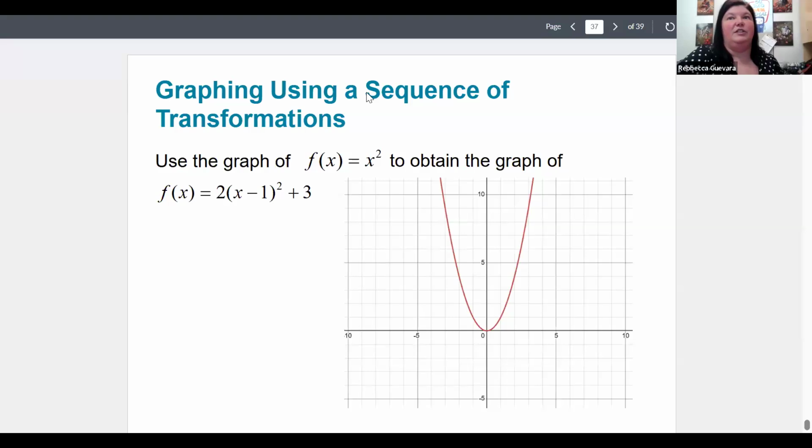If we do parentheses first, so we're going to do this part first. That is telling me that I'm going to shift horizontally. And because I'm subtracting, I'm going to shift in the positive direction. So shift right by 1.